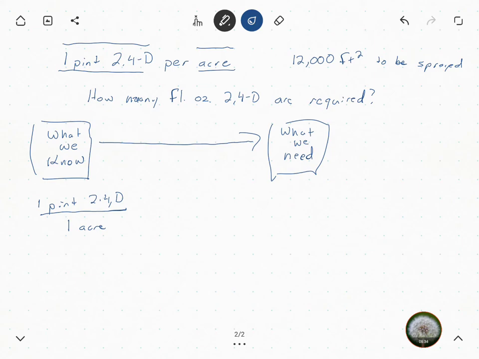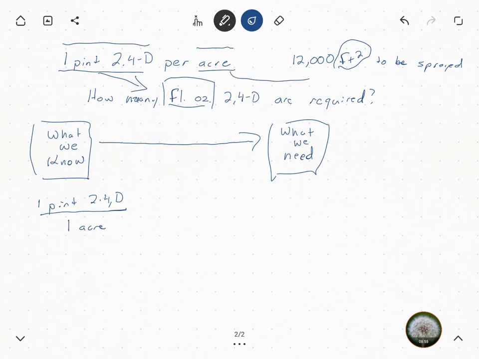Now what we need, eventually we want to figure out how many fluid ounces, and so we're going to need to convert pints into fluid ounces at some point. And then we also need to figure out how much we're going to need for this amount, which is in square feet.